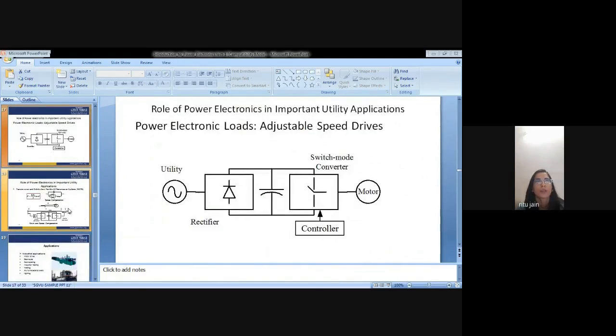So, the role of power electronics in important utility applications: adjustable speed drives. This is basically a part of your electrical. You can see n number of machines in industry or at your home. We can take the example of your fan. Nowadays, how are you controlling the speed of the fan?